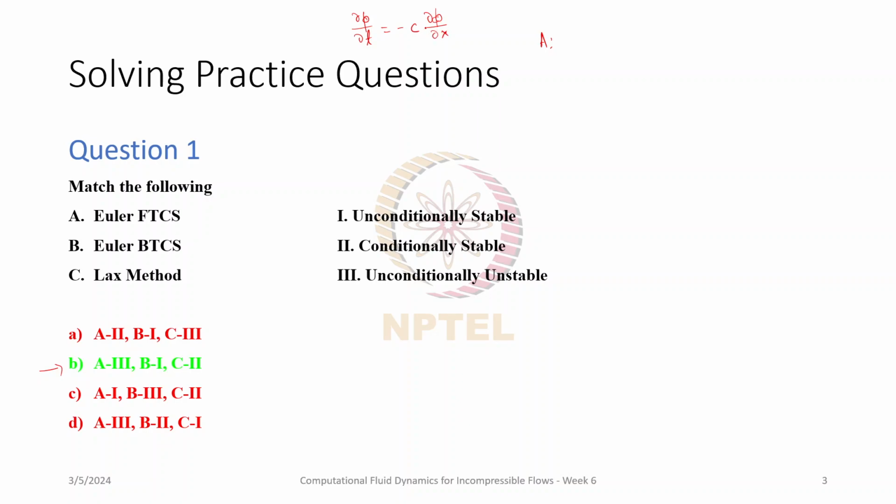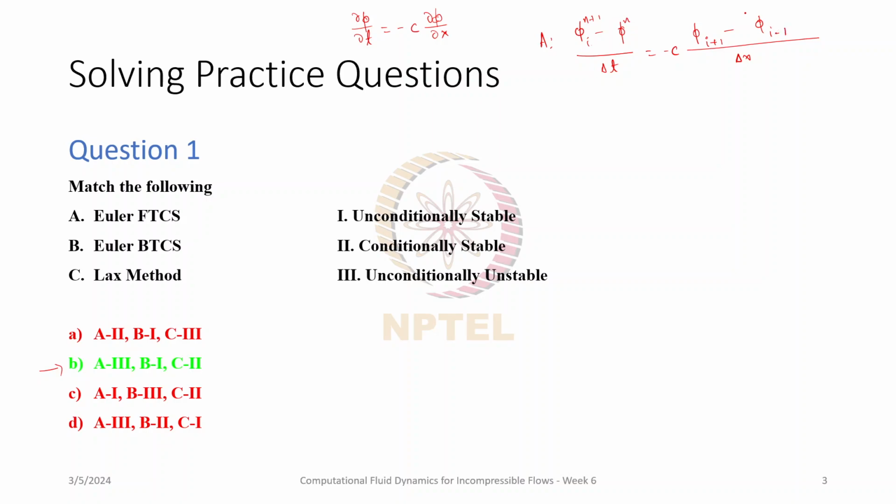So now, how can we discretize this? FTCS means we need to take forward in time. So phi at n plus 1 minus phi at n over delta t, and here we will have central in space. This is only a first derivative, so it's just I plus 1 minus I minus 1.